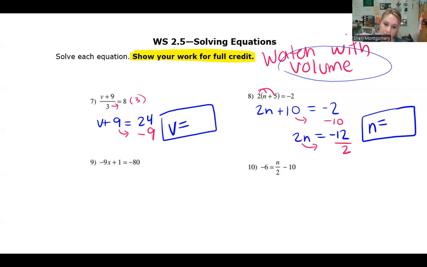Question number 9. I'm not doing question number 9 with you because that's a simple two-step equation, but I will do question number 10 with you. Question number 10. We have a fraction. Nobody really likes fractions, but we have to first take care of this minus 10 part. This one you could multiply first because there was nothing else over here, just a fraction. Anytime you have addition or subtraction, you have to take care of that first. So first, we will add 10.